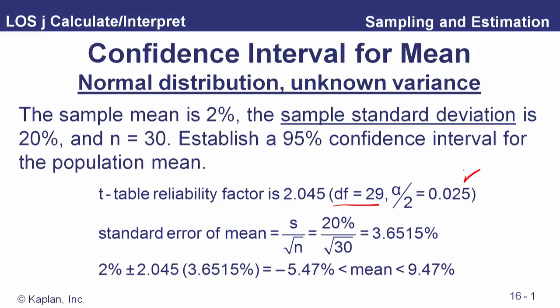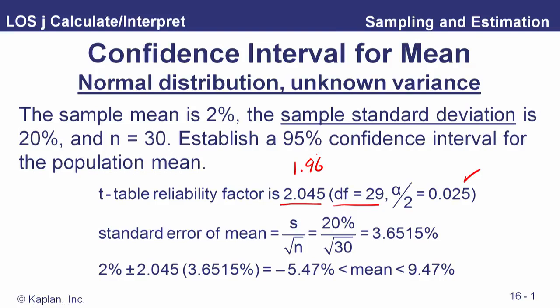And so 2.5% in each tail, 95% in the middle. And remember our fat tails with the t-distribution. So our reliability factor is a little bit larger. Remember our 95% confidence interval was 1.96 standard deviations for a normal, but because it's a t-distribution, the tails are a little fatter, we've got to go a little bit wider.